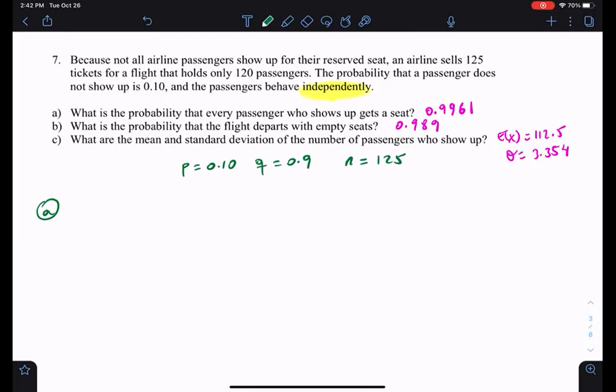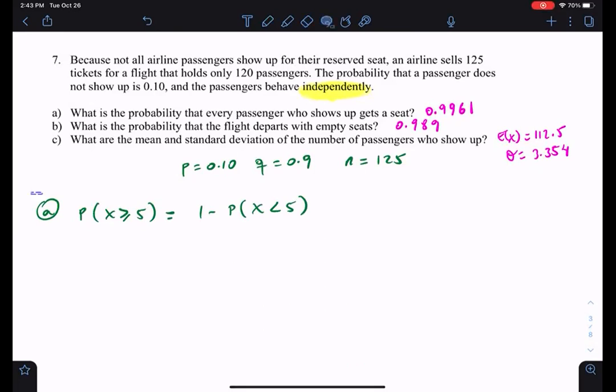The first question is asking for the probability that a passenger who shows up gets a seat. So at least 5 should not show up, right? So this is 1 minus the probability of x less than 5. We know that this distribution is a binomial distribution.